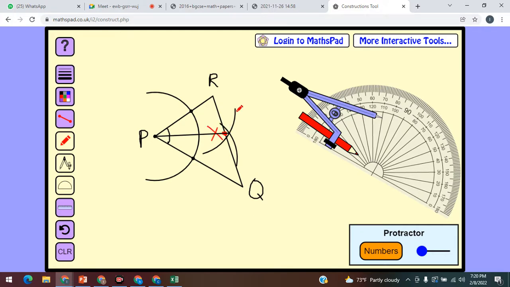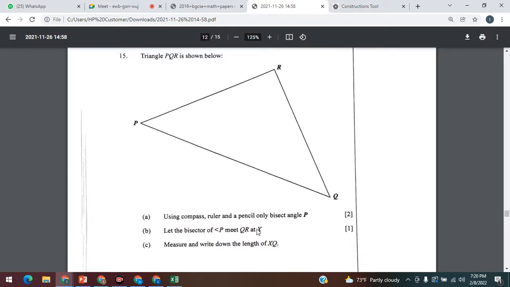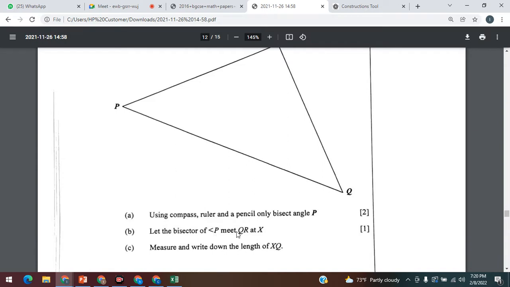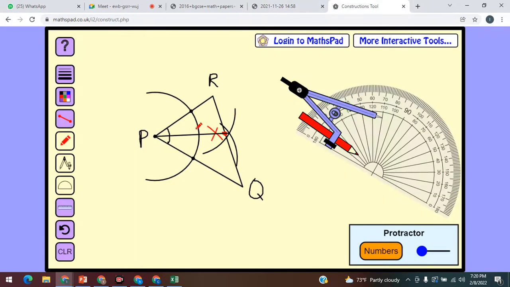X. Okay, so let the bisector of P meet QR at X. This line is the bisector, and it meets at the point X.